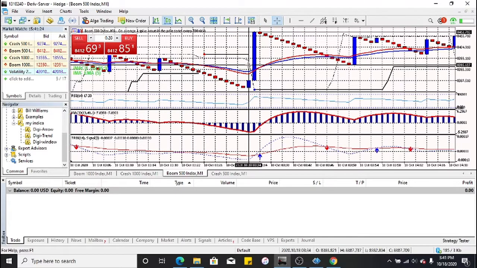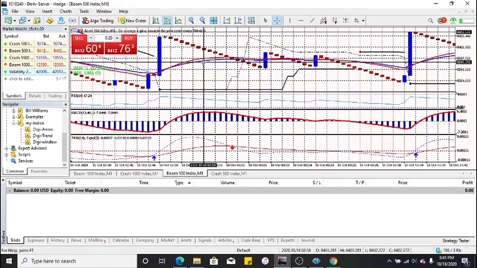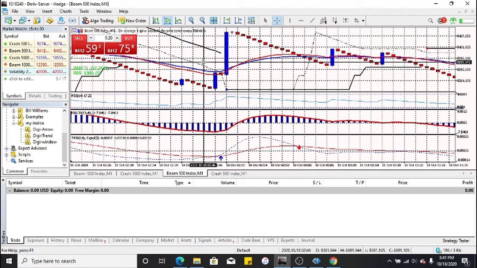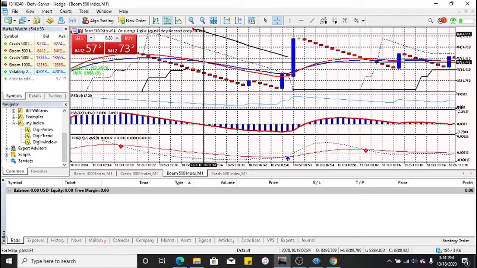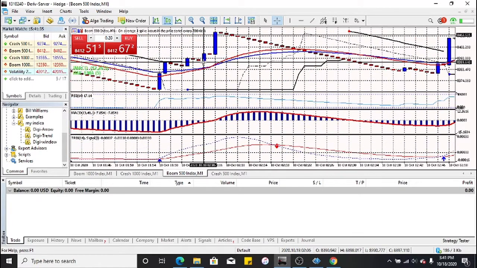Yeah, probably. Okay, it's not the perfect setup, so let's move on. And this is not a perfect setup. Let's move on. You get plenty of these setups in a day.